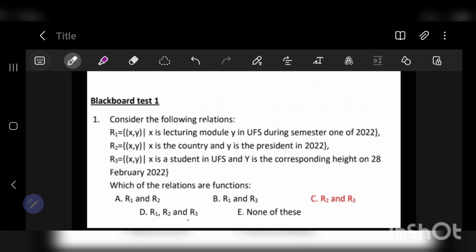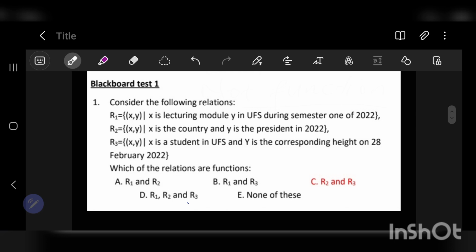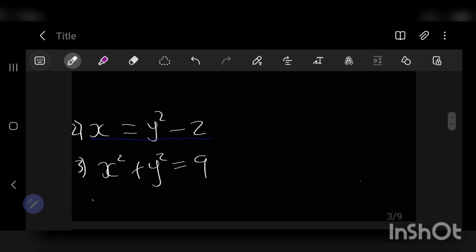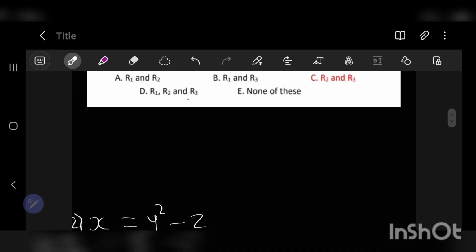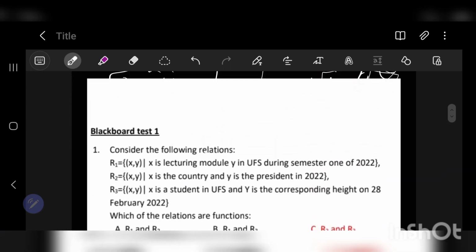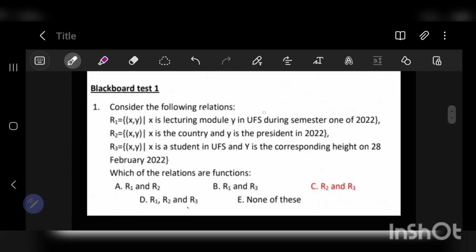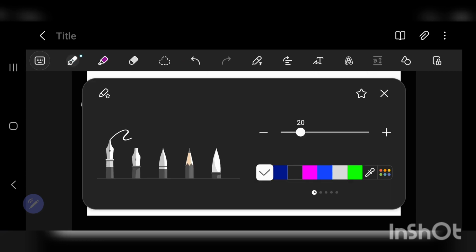Another thing you must check is that we have different ways of representing a function. The first one, just like we can see in example number 1, is in words.